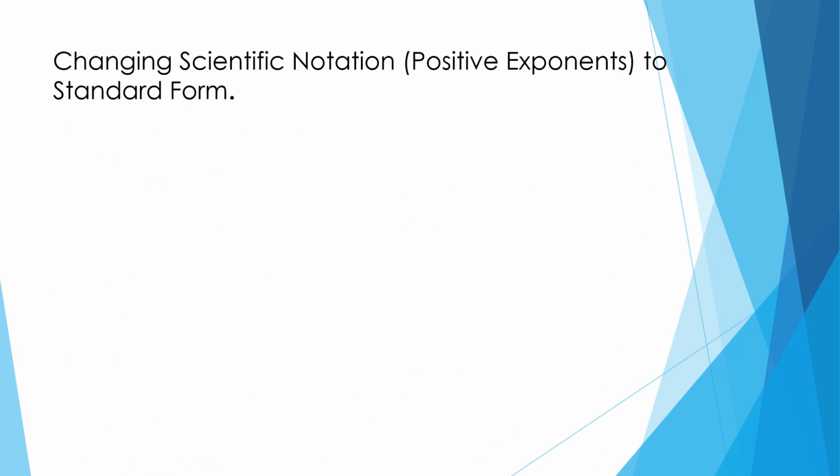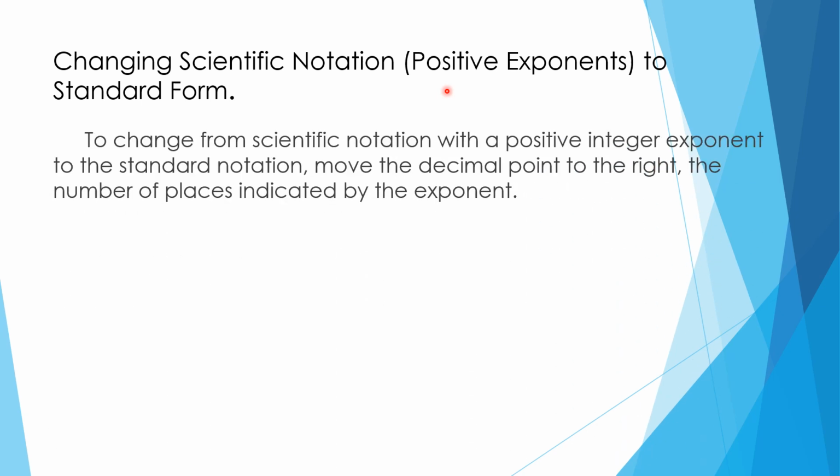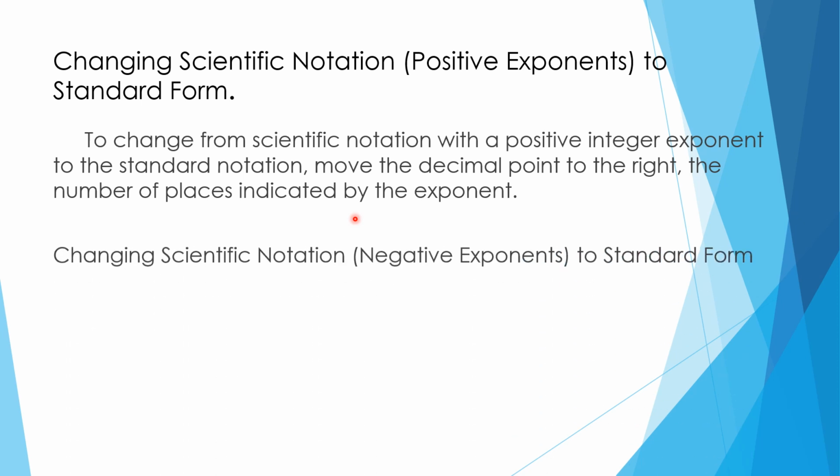Okay. Next. Changing scientific notation with positive exponents to standard form. We also have a rule for that. To change from scientific notation with a positive integer exponent to standard notation, move the decimal point to the right the number of places indicated by the exponent.